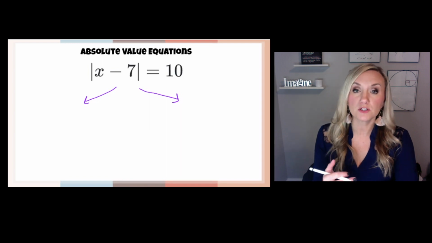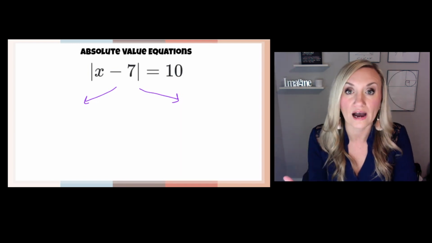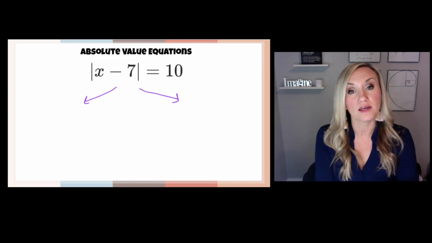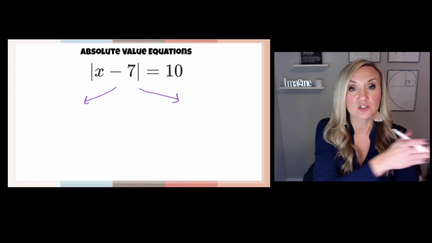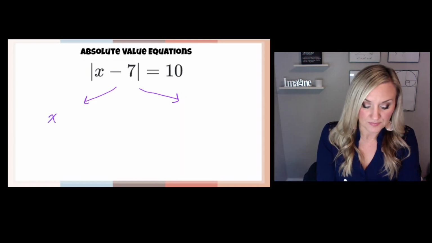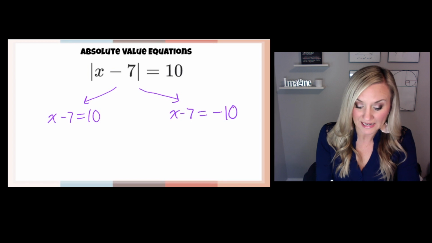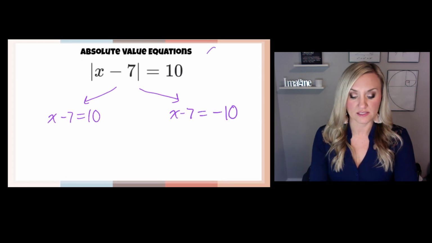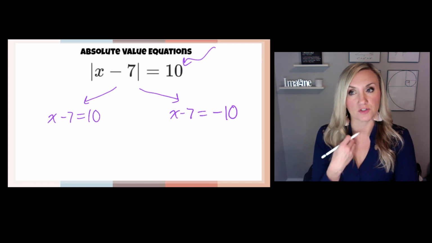Now, when we break it up into 2 separate equations, the absolute value bars go away. Why? Because we're going to write one that equals +10 and the other that equals -10, and that's going to represent the distance away from 0. So I'm going to say x minus 7 equals +10 and x minus 7 equals -10. Always one will be positive and one will be negative, and the absolute value bars go away.